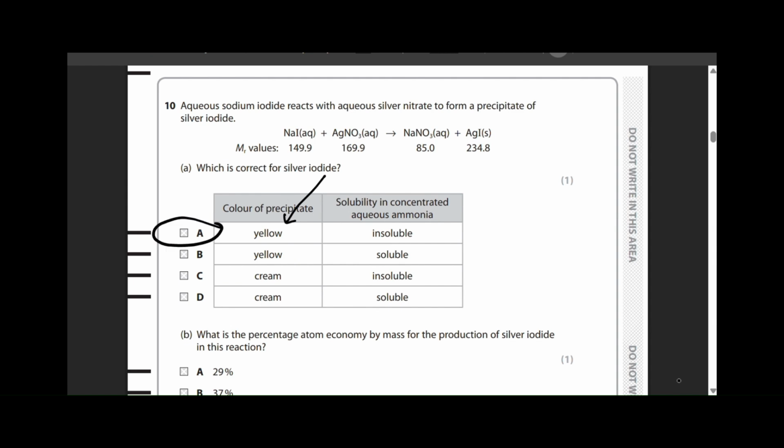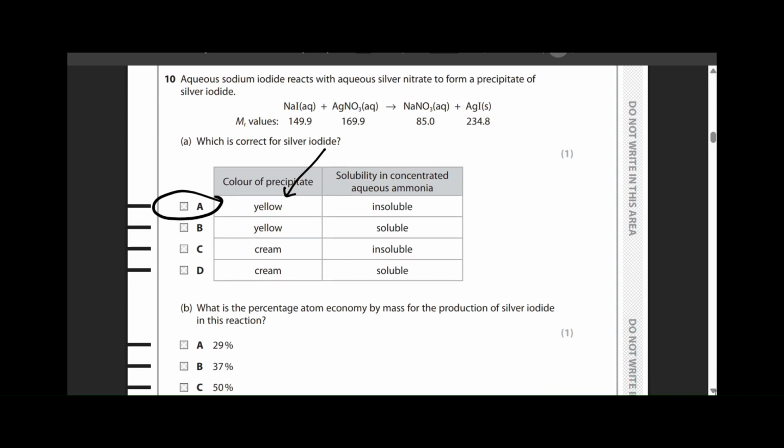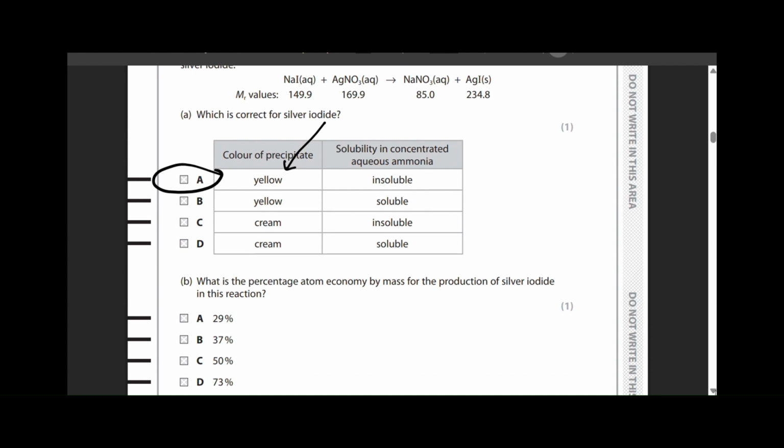What is the percentage atom economy by mass for the production of silver iodide? How can you calculate the percentage atom economy? By taking the mass of your desired product divided by the total mass of the reactants, and you multiply with 100 because you are calculating the percentage.